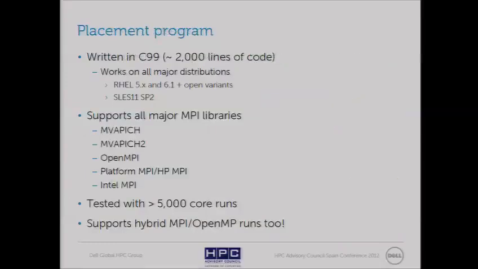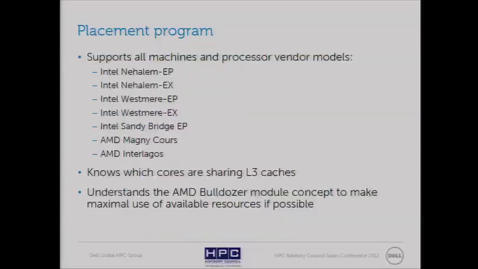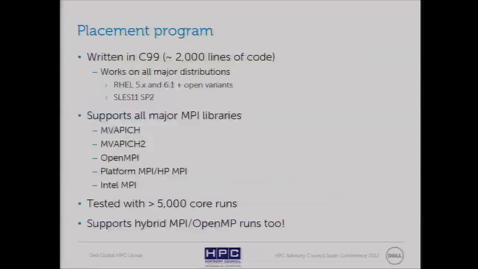In order to accommodate this, I wrote a placement program in C, and it works on Red Hat and on SUSE. It supports all major MPI libraries, from MVAPICH to OpenMPI to HP and Platform MPI and Intel MPI. Some customers use it already on a couple of thousands of cores, and it supports hybrid and OpenMP programs too.